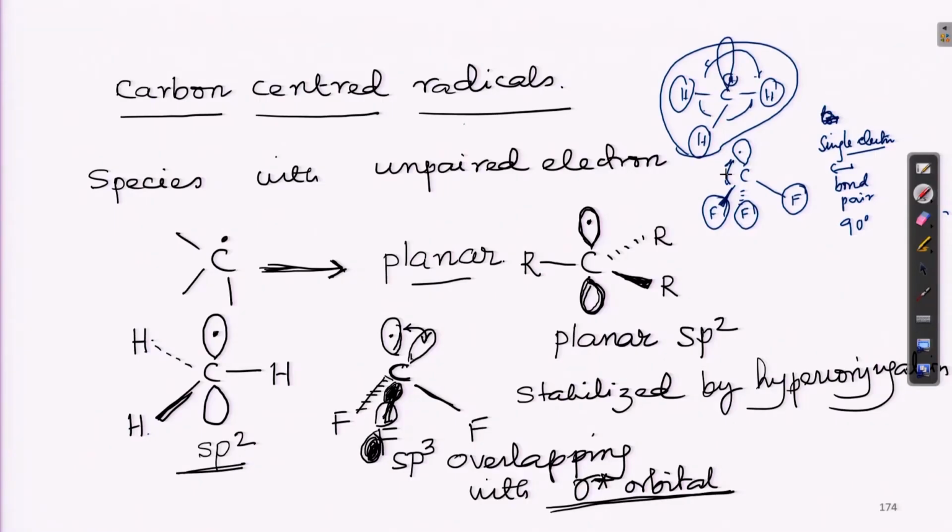However, there is another reason why trifluoromethyl occupies an sp3 carbon, and why it has a pyramidal type of structure. Remember another point: when the radical is planar, the bond in the plane cannot have any interaction with the radical, because they are orthogonal to each other.